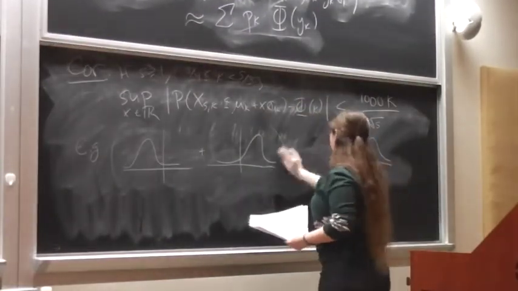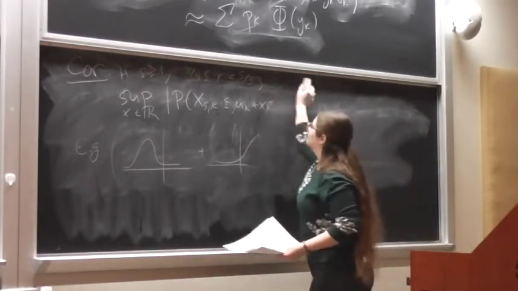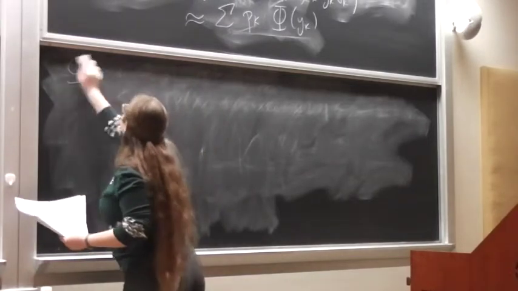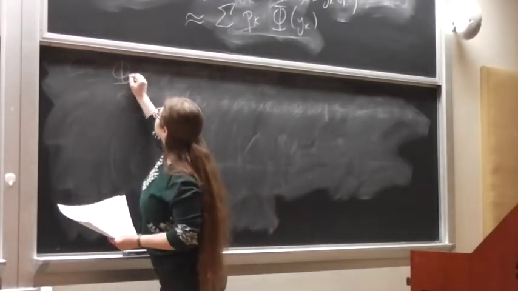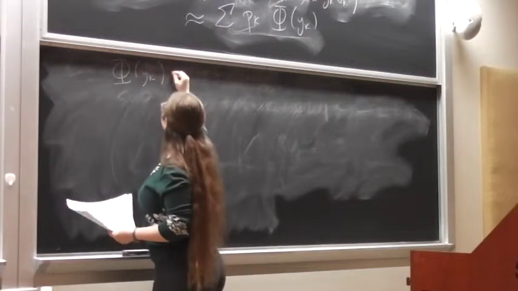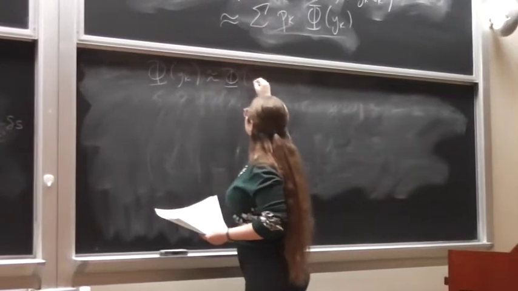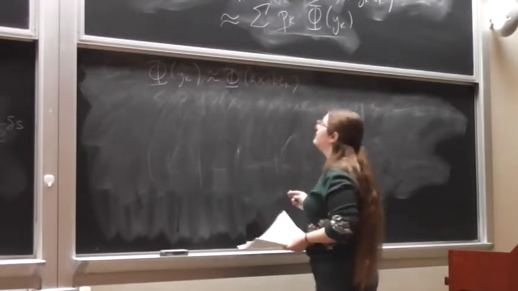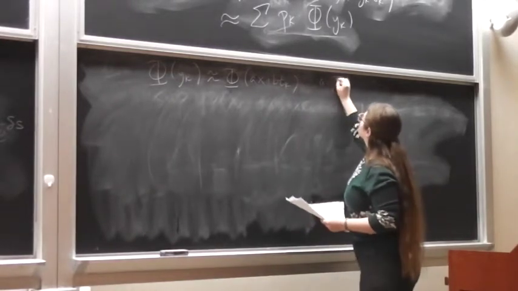And now the next step, which came out of some computer experimentation, it's not obvious why it should be true, is to replace each of those phi of yks with some phi of something that's linear in x and linear in k over square root s. So I have some coefficients here.